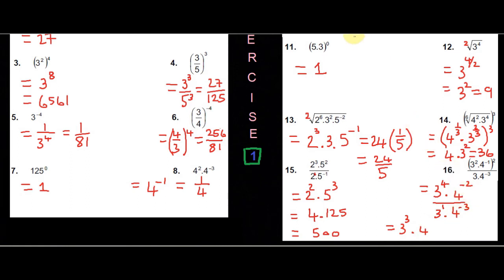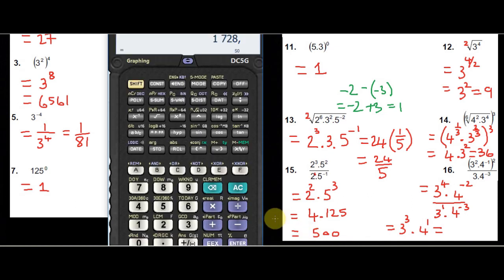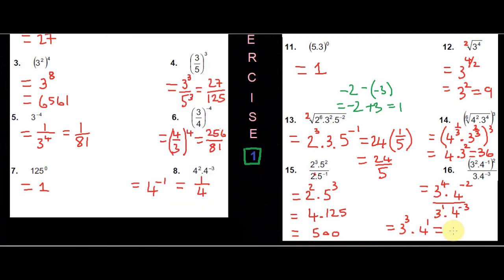Minus 2 minus minus 3 is minus 2 plus 3, which you know is 1. So it's going to be 4 to the power 1. 3 cubed is 27. So it's 27 times 4, which is 108.